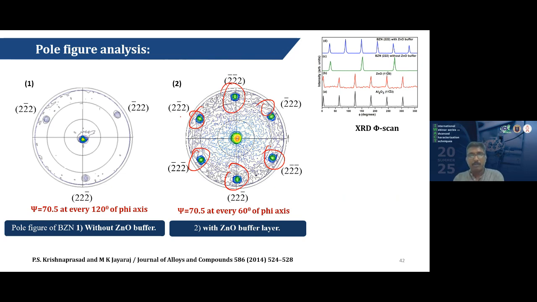Equal intensity of all the peaks says that the 2 orientations, both O dash and O double dash orientations, are equally probable. This type of information, that is twinning in the crystallites, you will not get from ordinary XRD or other characterization techniques. You can only get it from pole figure analysis.